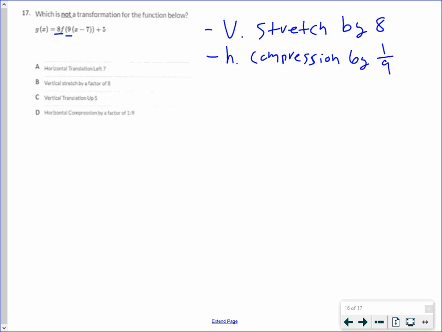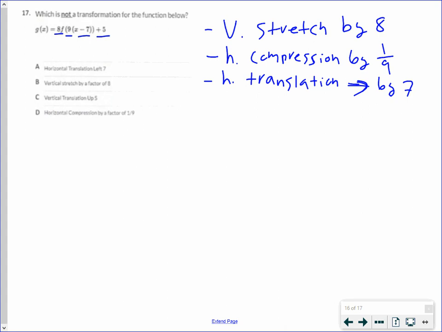And then we have x minus 7, so that tells me we have a horizontal translation to the right by 7. And that should be an arrow. We have a horizontal translation to the right by 7.